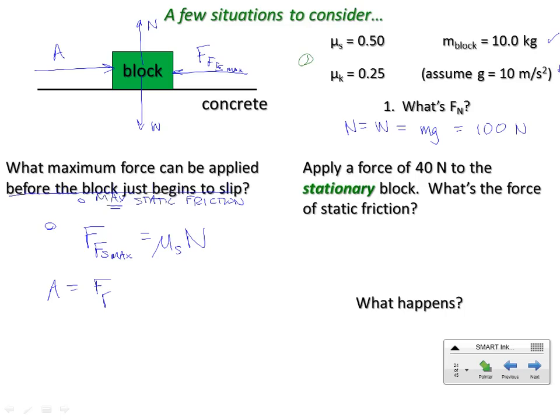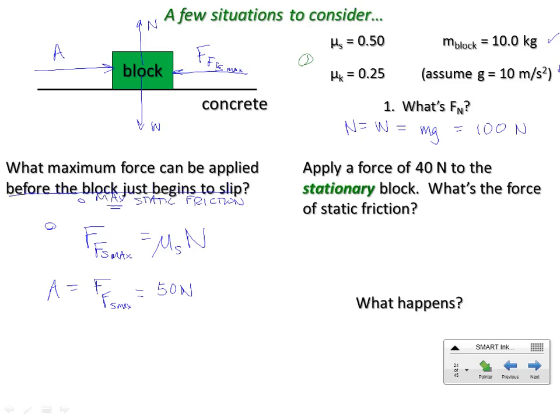FFS max comes out to be 50 newtons. So we have to apply an infinitesimally small amount over 50 to get this thing to move. But saying 50 is fine.